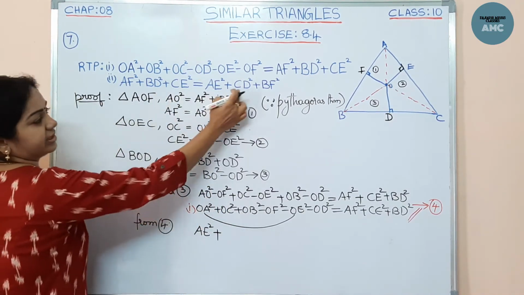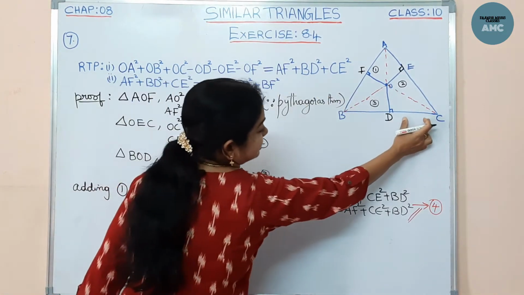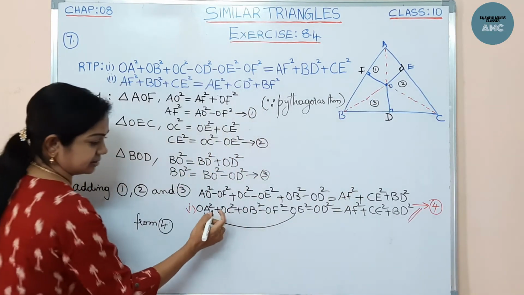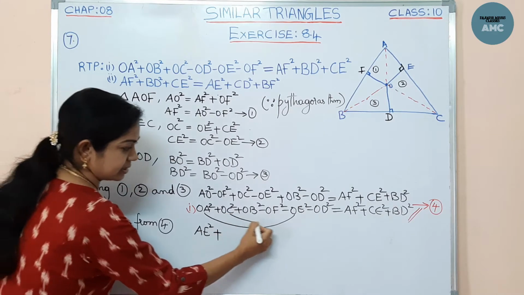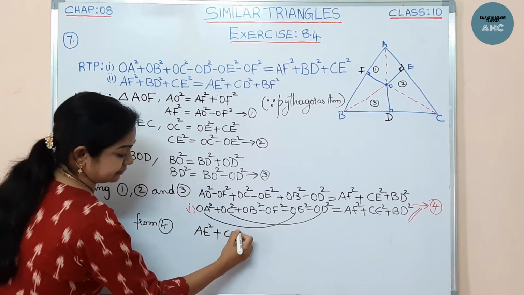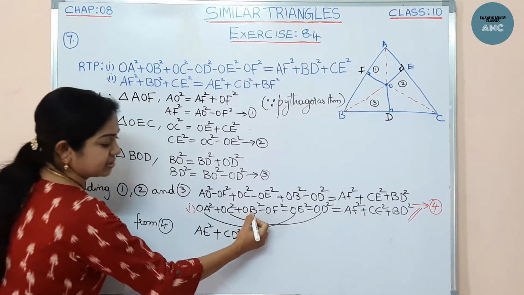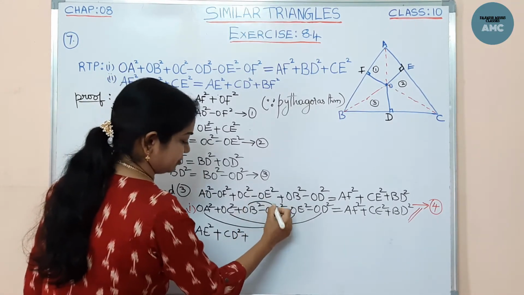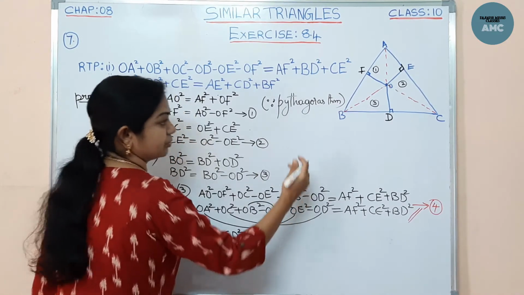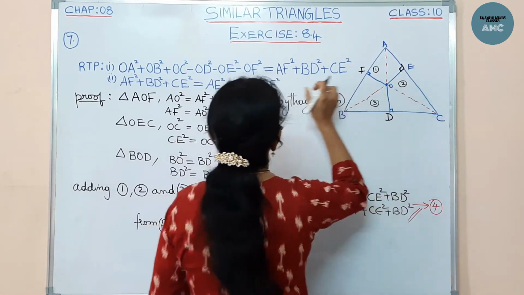Next one, what we want is CD. How do we get CD? OC square minus OD square. So this comes to CD square. Now OB square minus OF square comes to BF square.